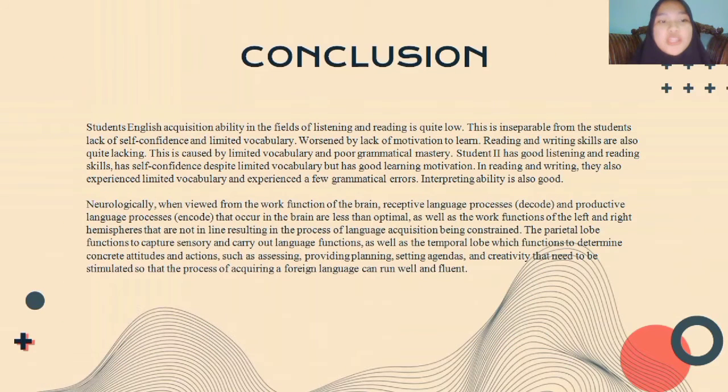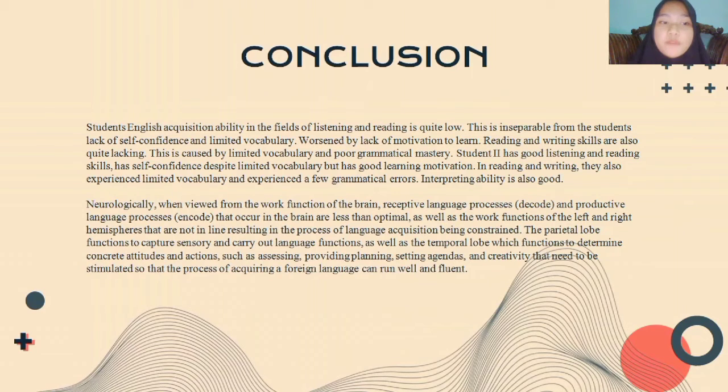Next conclusion. Neurologically, when viewed from the work function of the brain, the receptive language process or decoding and the productive language process or encoding that occur in the brain are less than optimal, as well as the work function of the left and right hemispheres that are not in line, resulting in the process of language acquisition being constrained.